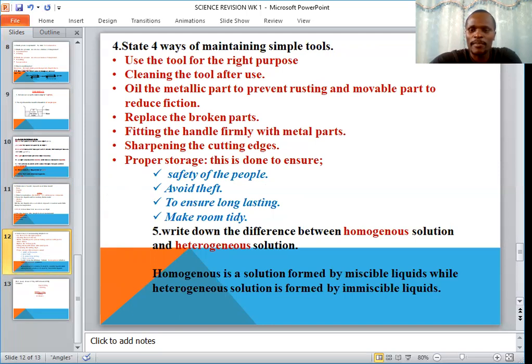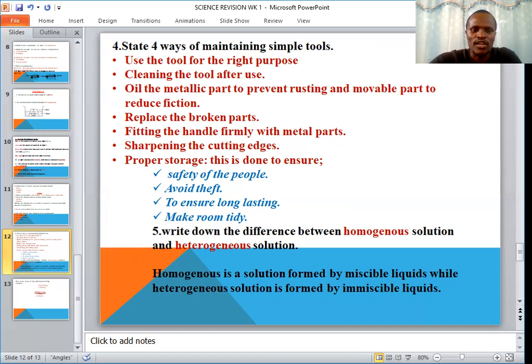So we store them properly to ensure safety to the people, and also to avoid theft. They can be stolen if you just leave them there. To ensure they last long, keep them where they will not get damaged. We have harsh weather conditions and other things that may make these tools become reckless. So to ensure that they last long, we have to keep them safe.